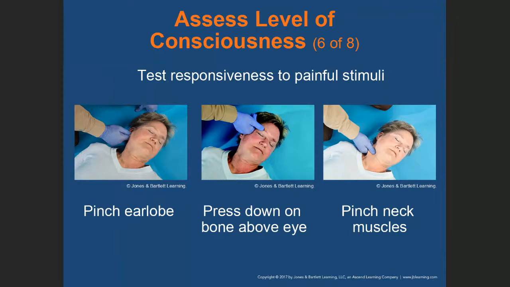You can put pressure on the supraorbital nerve, that's the one in the middle. That is a go-to for me because a lot of pressure is not required to get a response. However, your thumb placement is important. So that's a go-to for me.